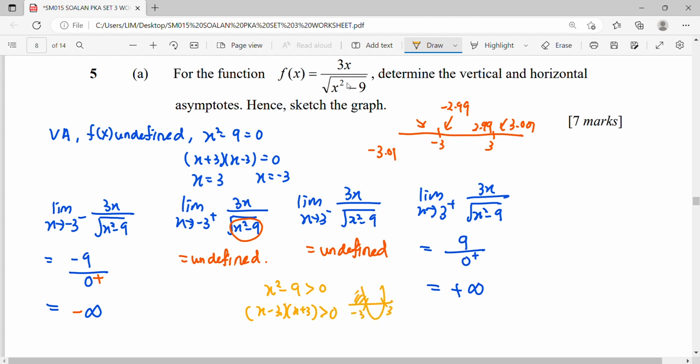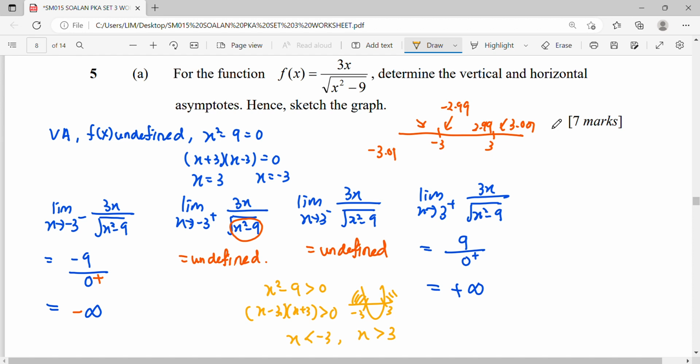So your graph is defined at x less than negative 3 and x more than 3. So that is right. Between negative 3 and 3 there is no graph. The part with a graph is only at less than negative 3 and more than 3.